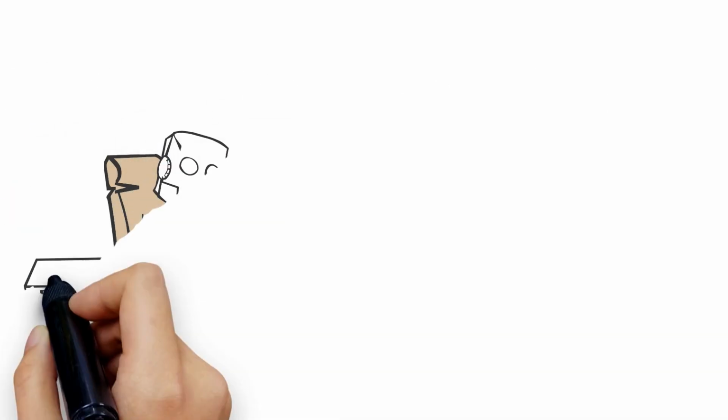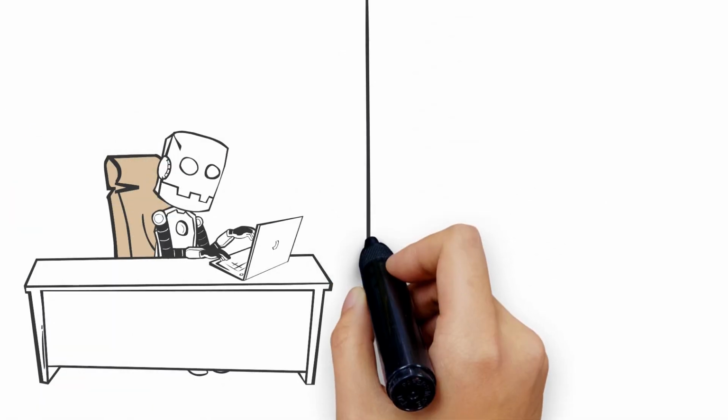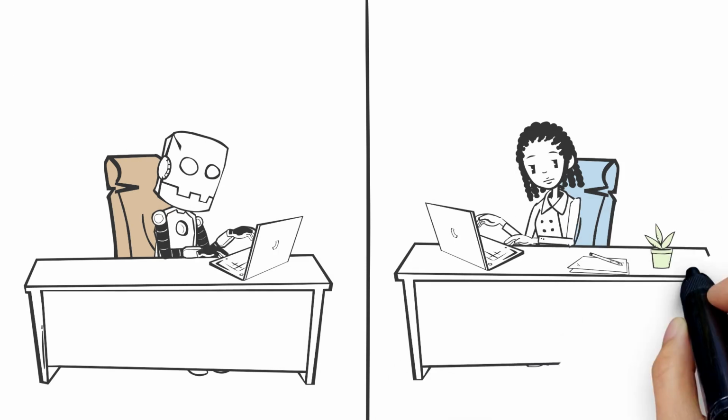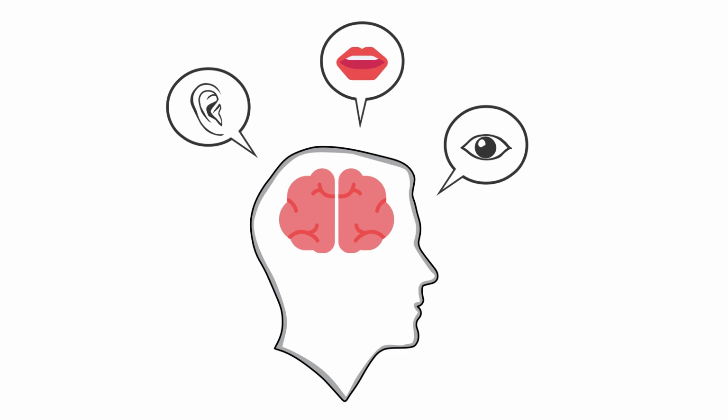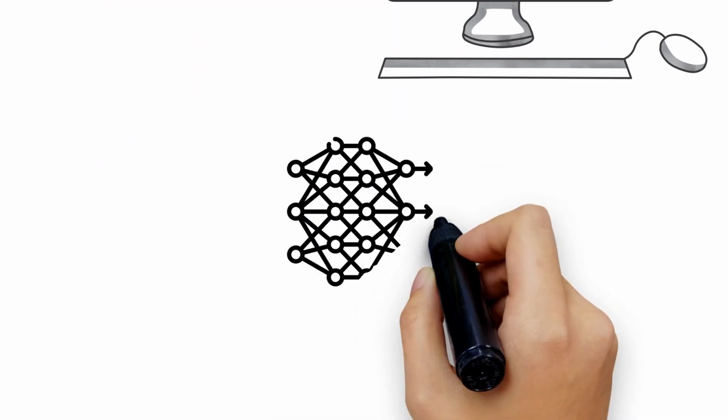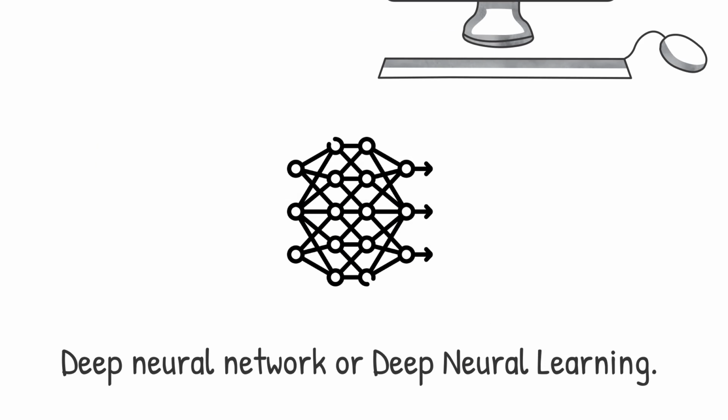Deep learning is a way for computers to learn and understand things, just like how we humans do. Think about our brain. It's like a big computer that helps us see, hear, talk, and understand things. Just like our brain, computers also have something called a brain, which helps them understand things. It's called a deep neural network or deep neural learning.